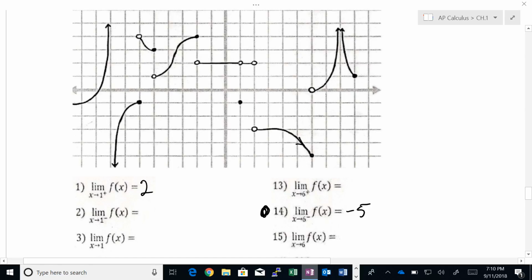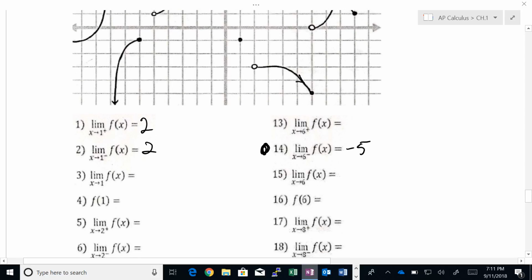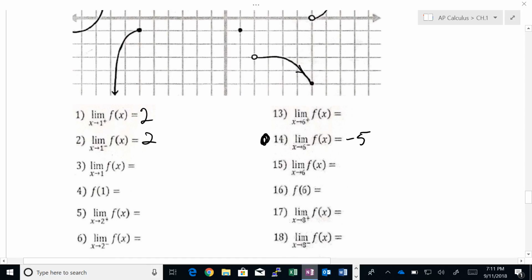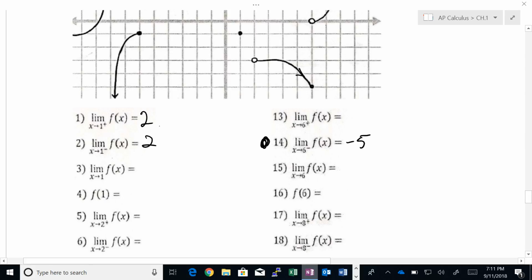Now if I approach 1 from the left, here's 1 right here. I'm still also approaching 2. Right? Because here's 1. So as I go there, that's also 2. Now since these are equal, that helps you answer number 3. Okay, so the limit from the right and the left is 2, so therefore the limit as x approaches 1 is 2.